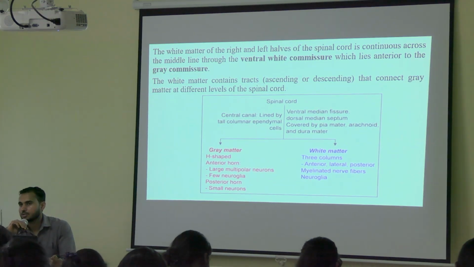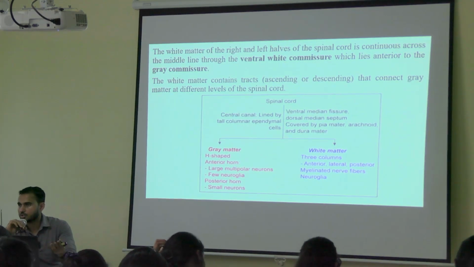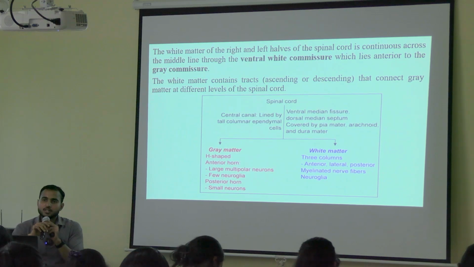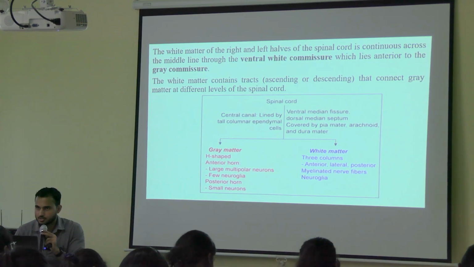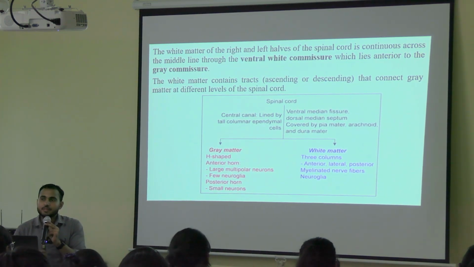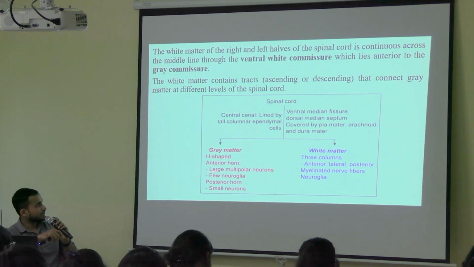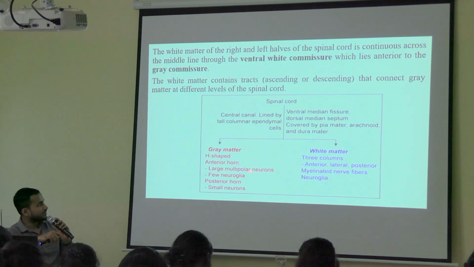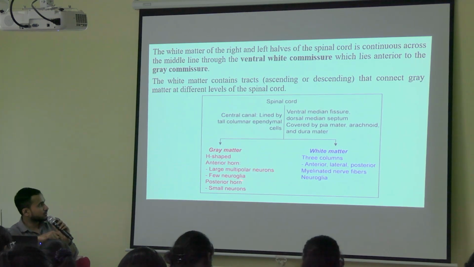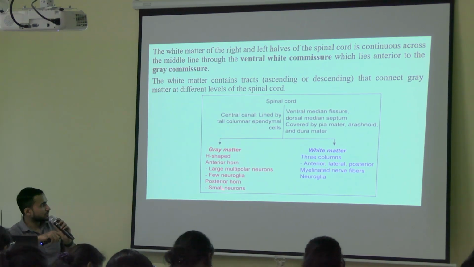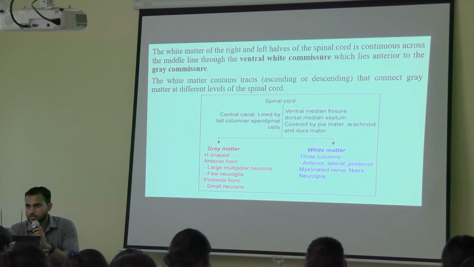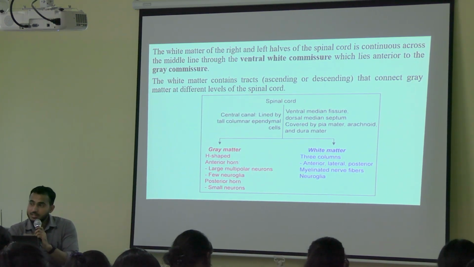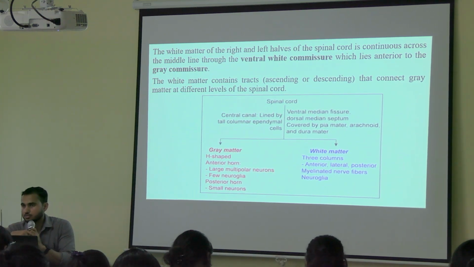What are those two horns? Mainly anterior horn and posterior horn. Okay, how to identify anterior horn and posterior horn, that we have discussed. Next, if you see microscopically, in the anterior horn you can get large multipolar neurons and very few neuroglia. And in the posterior horn, you will be getting small neurons. Okay, and this can be seen under high magnification.